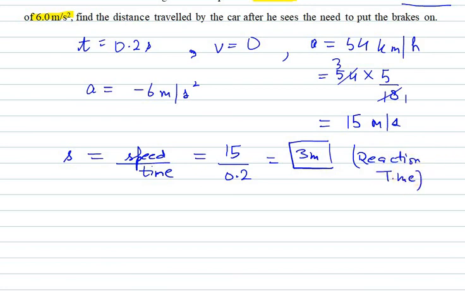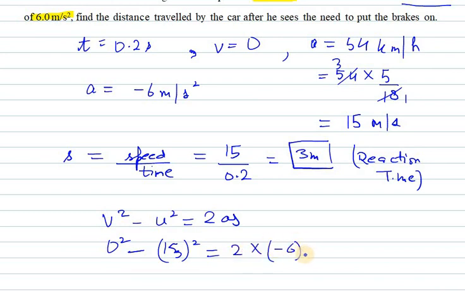Now for the distance traveled by the car after he sees the need to put the brakes on, we need to use the third equation of motion, that is v square minus u square equals 2as. We know that v is 0, so 0 square minus u square, u is 15, so minus 15 square equals 2 times a, which is minus 6, times s.